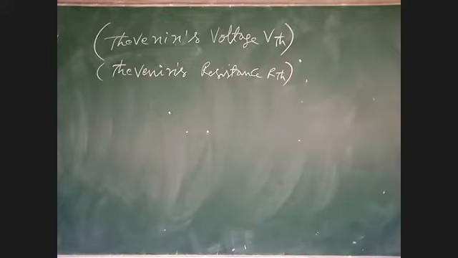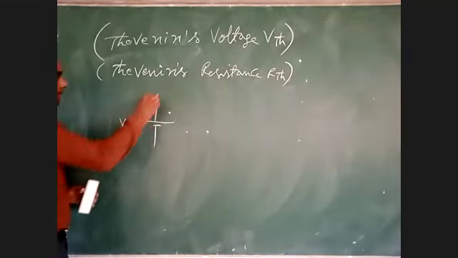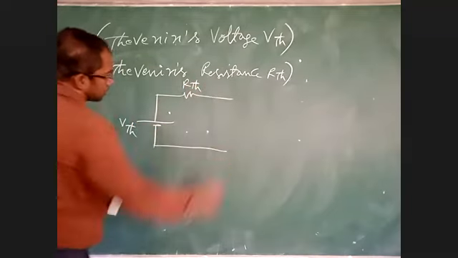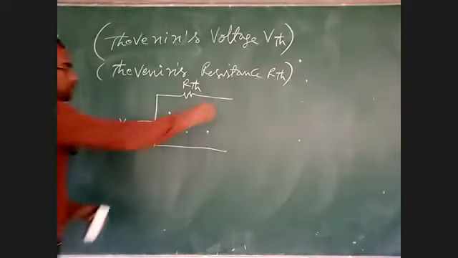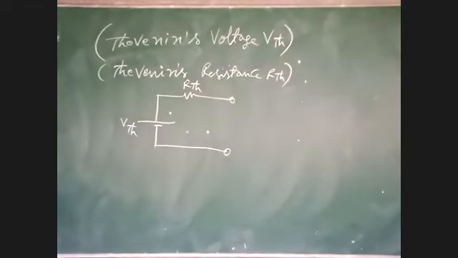So the meaning of this statement is that any circuit can be converted into a single voltage and a single resistance, and both can be connected in series. See, this is the equivalent circuit.